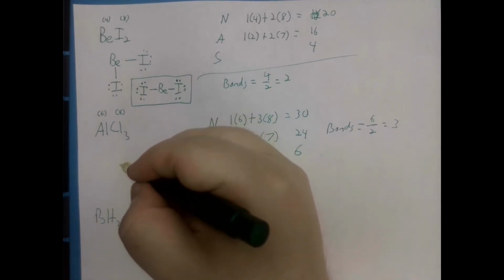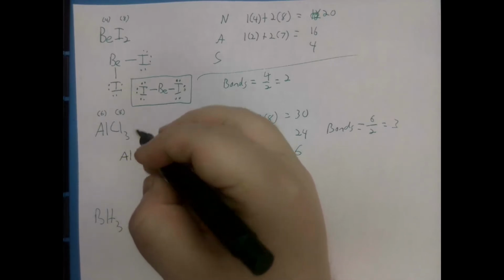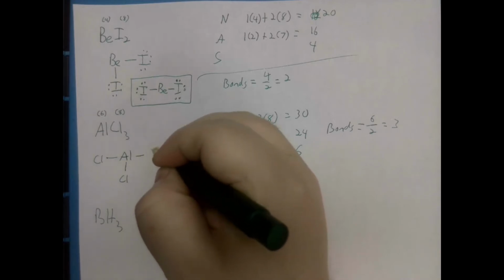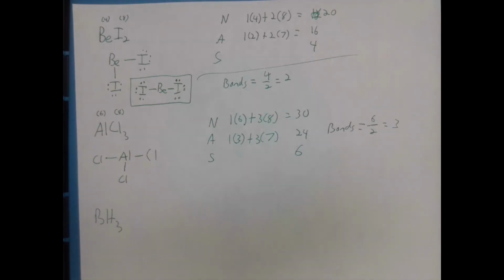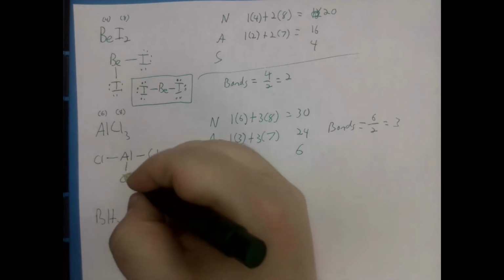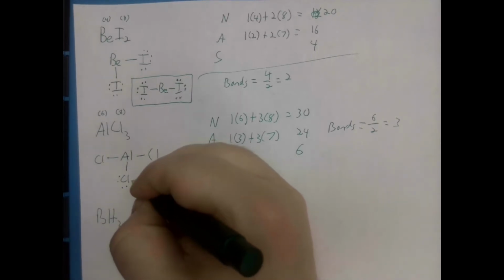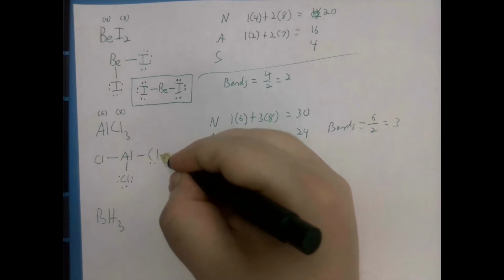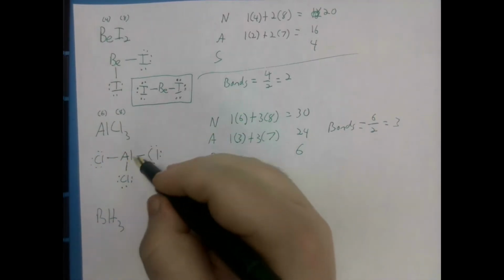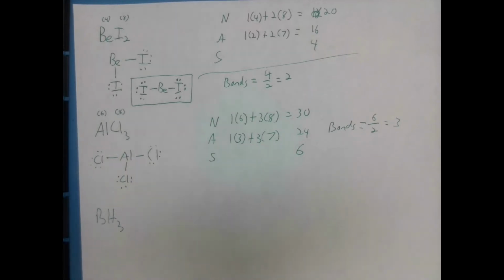So we're going to have aluminum that's bonded once to chlorine, bonded to another chlorine, bonded to another one, and then we check our octet rule. These are going to need 8 around it. And the aluminum has 6 around it, so it's satisfied.